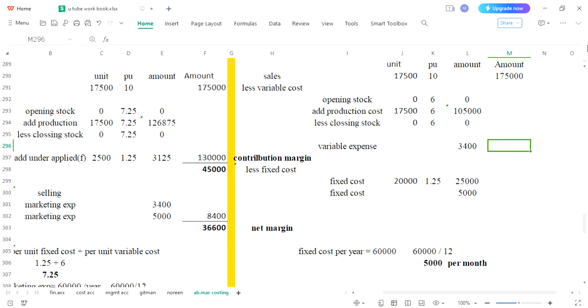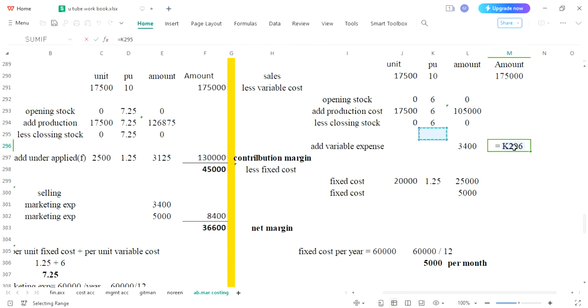Here we can calculate our total variable cost. There are 4 elements related to it and we will follow the signs: add, less, and since it is variable expense, we need to write down add because it's your cost. Okay, so let's start.